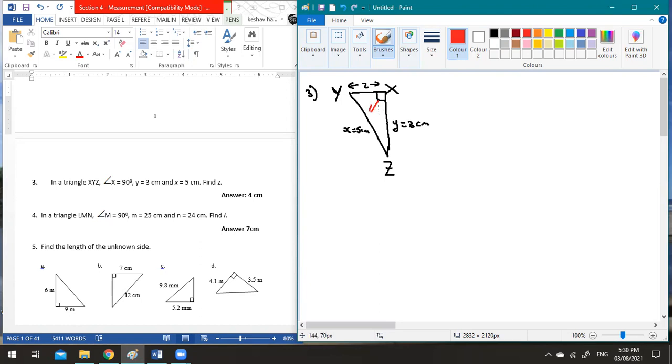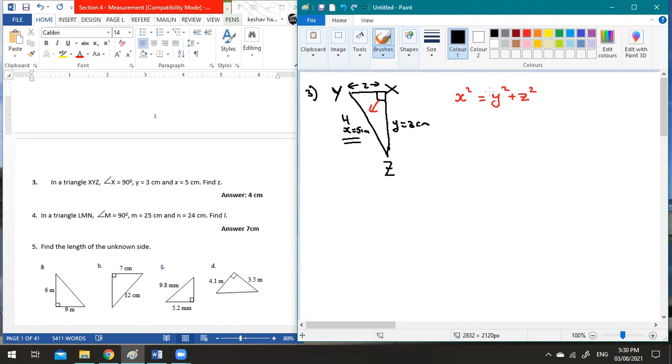The hypotenuse is opposite the right angle, so x squared will be equal to the sum of the other two sides squared, so y squared plus z squared. Now they give us the hypotenuse x and they want us to find z.